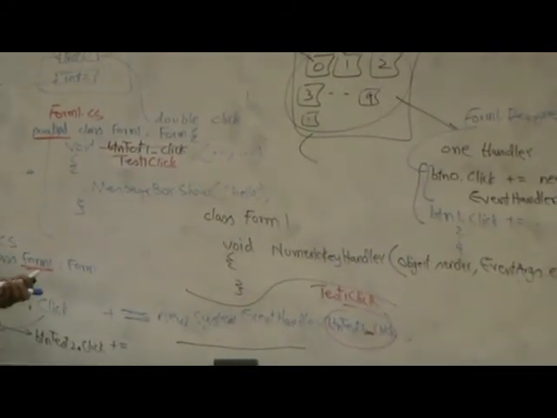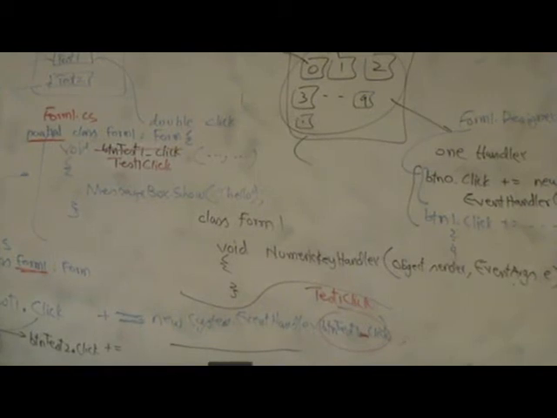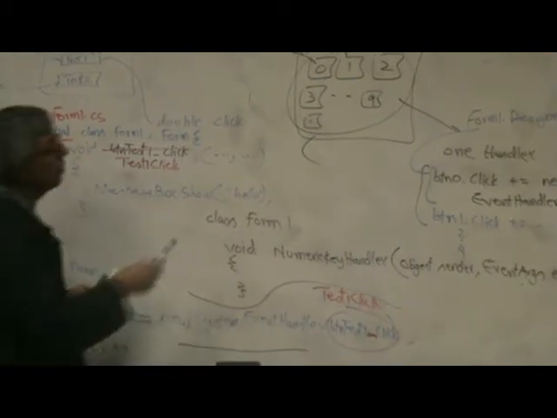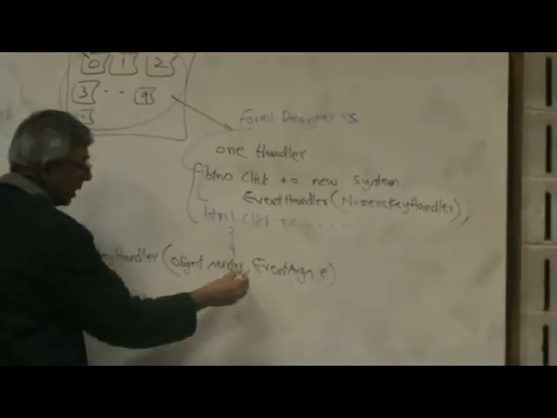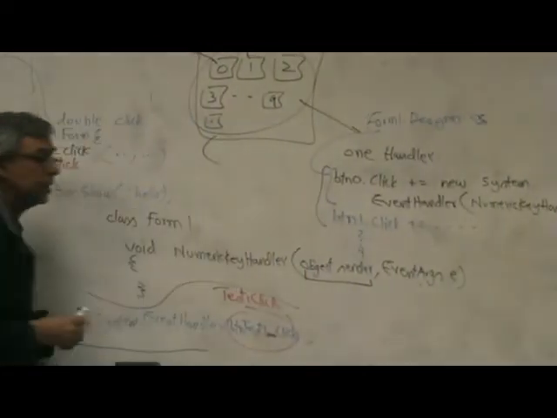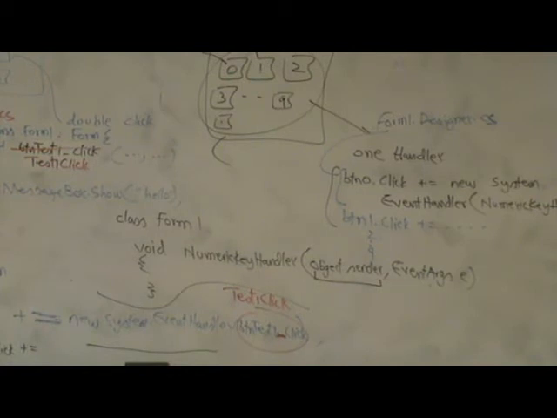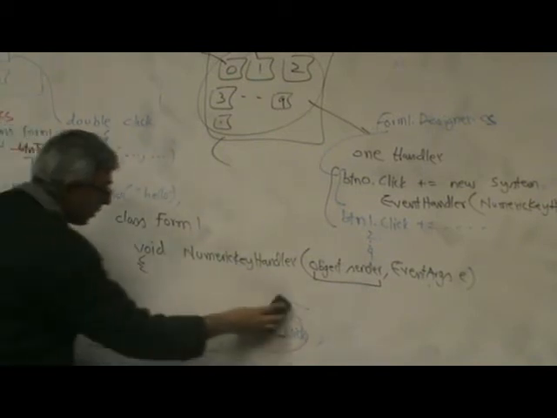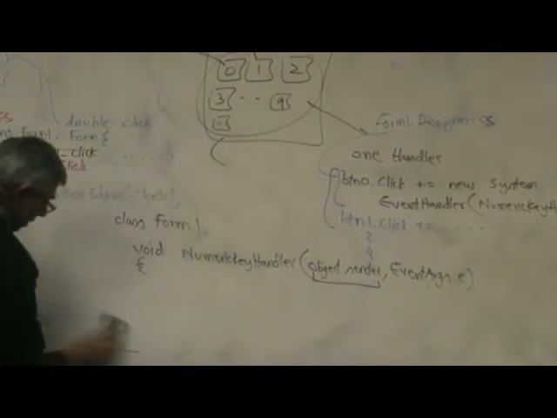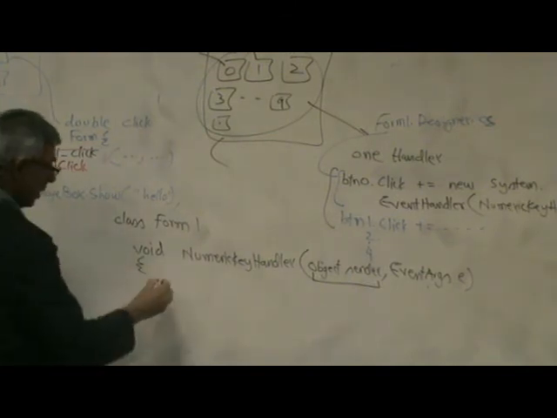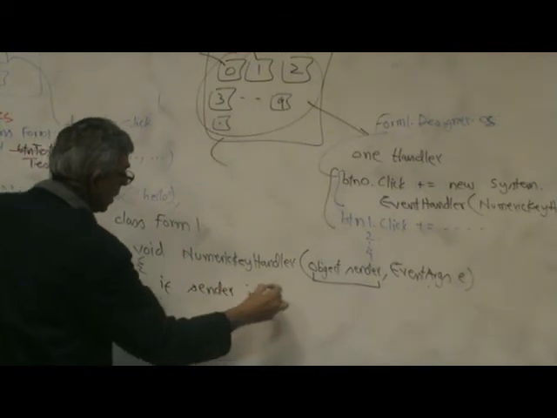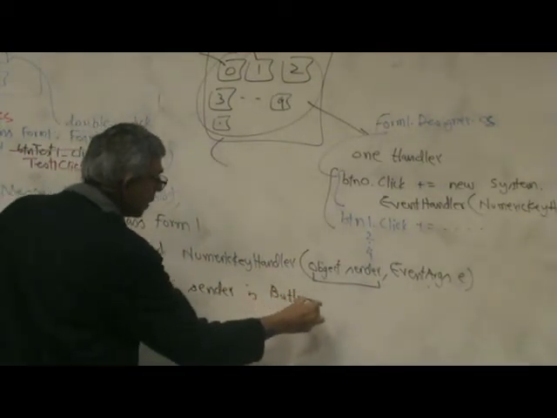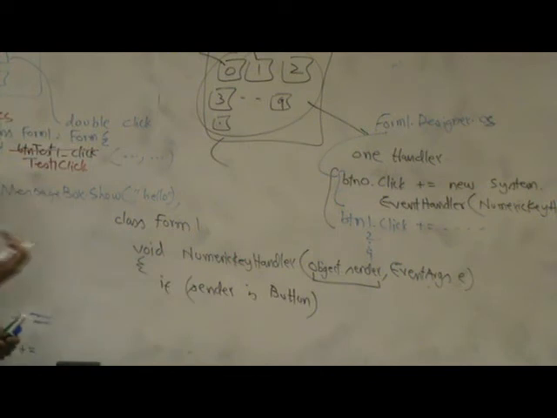So now we want to know, did somebody click on button 0 or button 1 or button 2? This is where the first parameter comes into play. It will tell us who generated the event. So our code over here will look something like this. If sender is Button. Button is a class representing all the buttons, right?